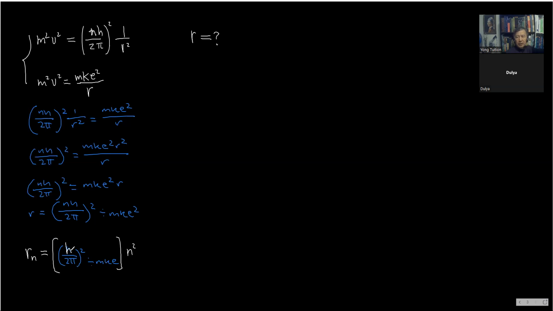Can you write it in fraction form, not the division symbol? One more step.